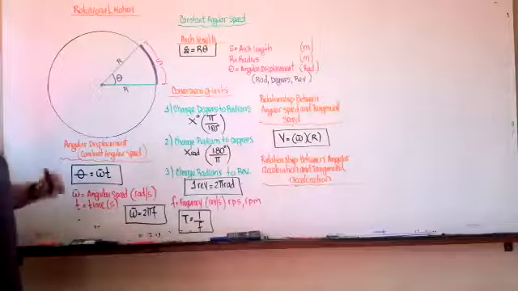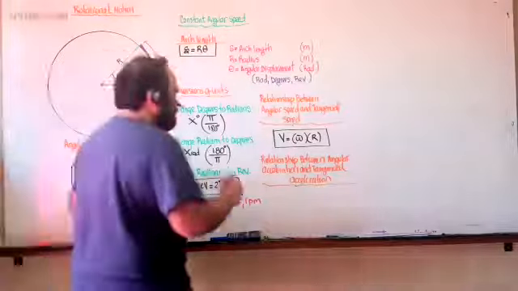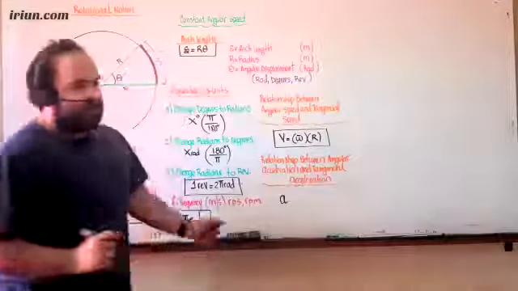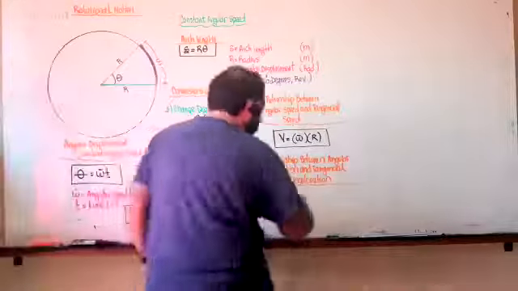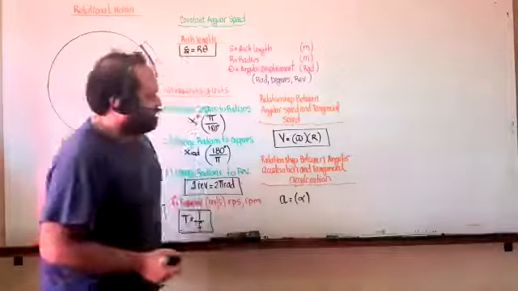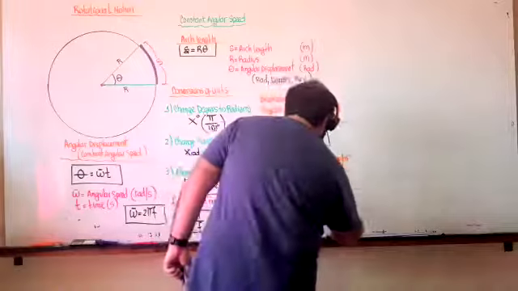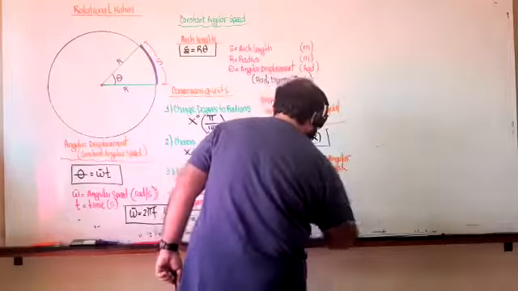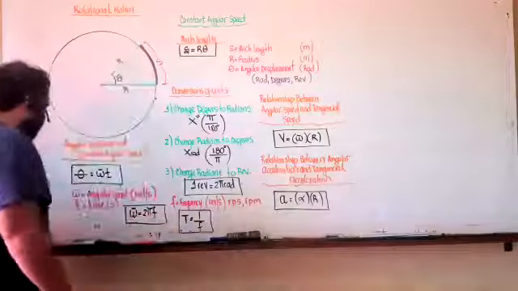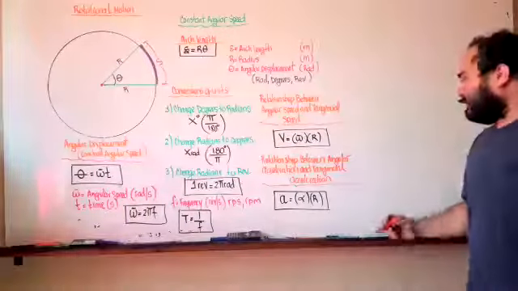All right. This linear acceleration or tangential acceleration is given by the letter a, the normal a that you know, and it will be the product of alpha multiplied by the radius, where alpha represents the angular acceleration.